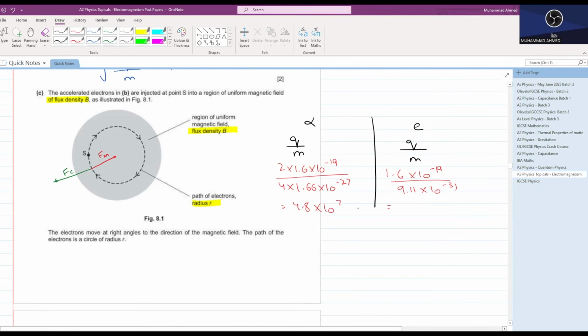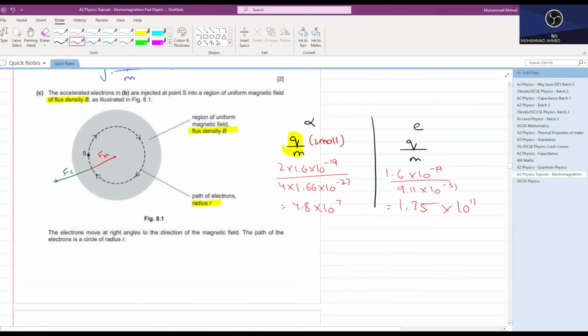However, for an electron, 1.6 into 10 raised to the power of minus 19 divided by 9.11 into 10 raised to the power of minus 31 comes out to be 1.75 into 10 raised to the power of 11. Can you see the q over m for alpha particles is small?